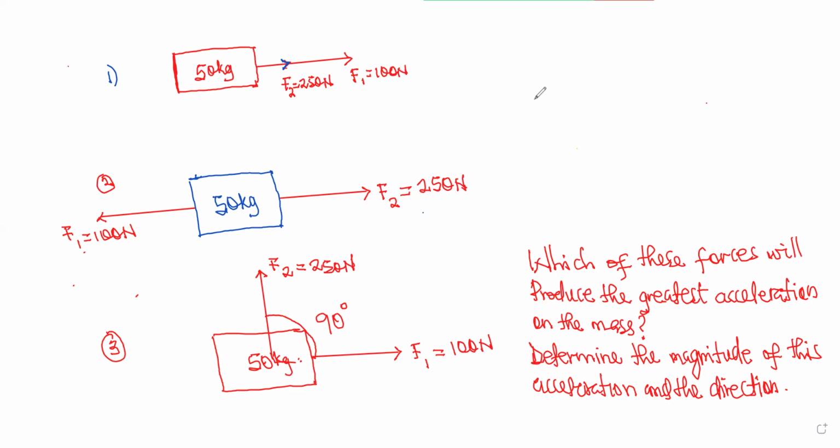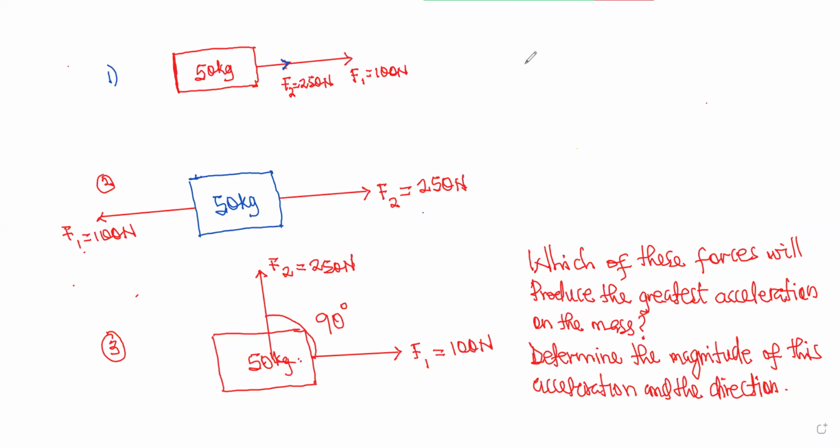The first one will produce the largest acceleration amongst all the three. Why? Jedediah, why? Francis, why? Sir, amongst the three, the first one produced the highest acceleration with the value of 7.0 meters per second. Why?